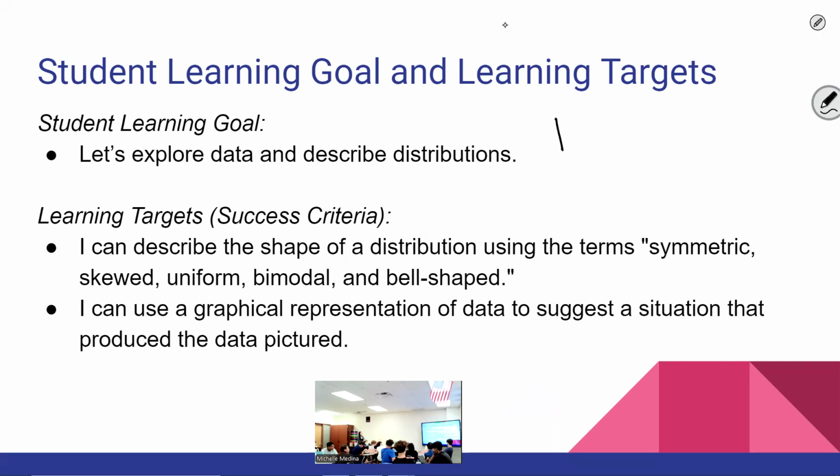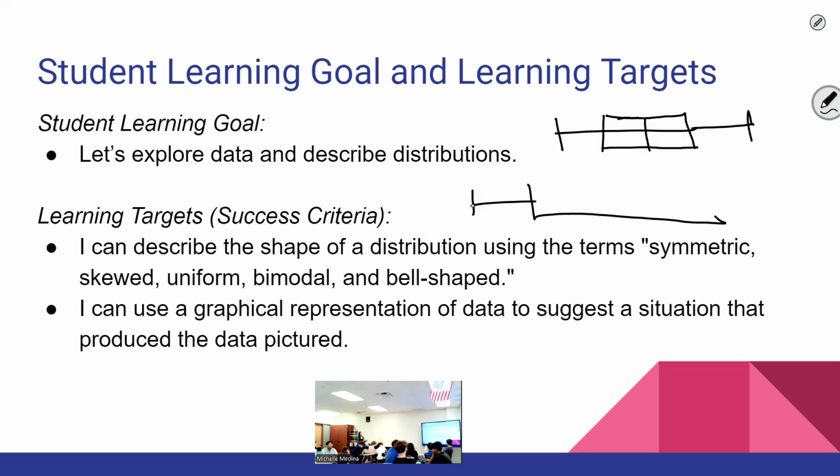So it's those things that look like this. This would be an example of a box plot that is symmetric, because each part of it is about the same size. This would be a box plot that is skewed maybe to one side.